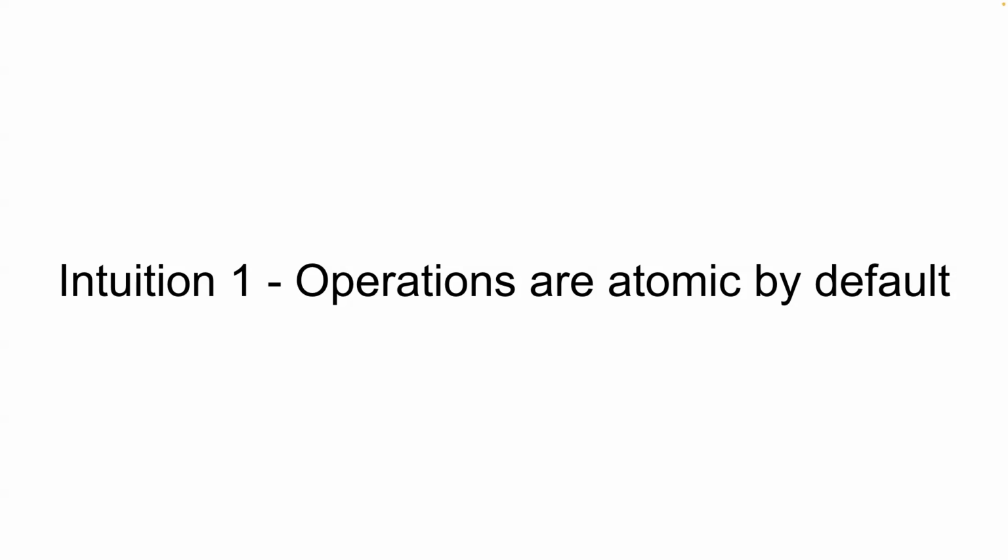If you're not aware of this, you might have the assumption that when I invoke a function, the entire function runs or none of it runs. You don't expect the function to be interrupted in between. This is true for a single threaded program.